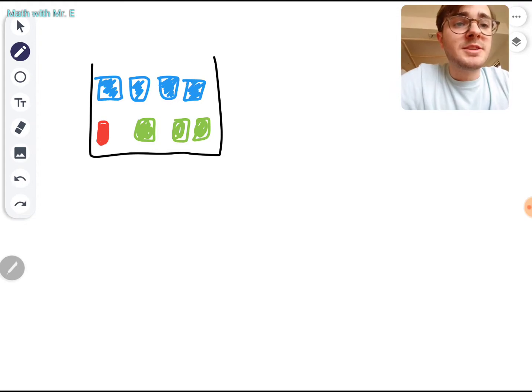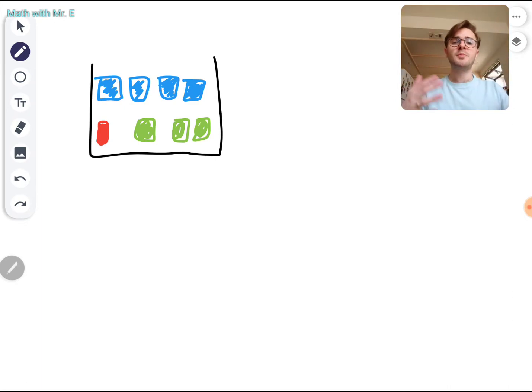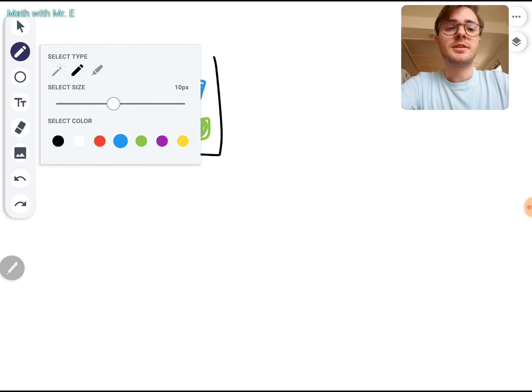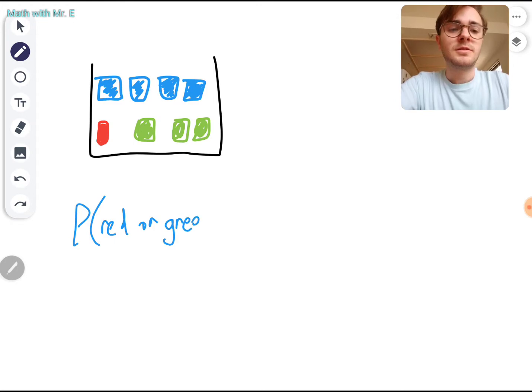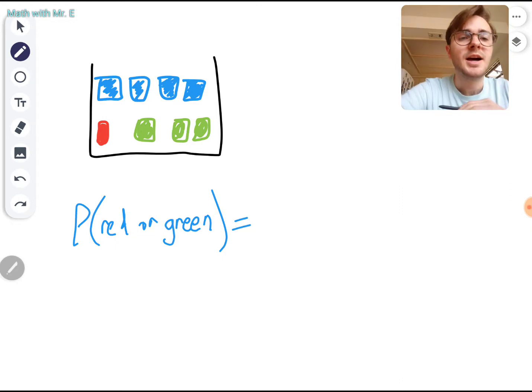Okay, so this time it's not saying we will pick one specific color, but we've got multiple colors. So our probability is still the number of favorable outcomes over the total. So in this case, we're going to write P of red or green is equal to, okay, how many total favorable outcomes are there? Well, we want it to be red or green.